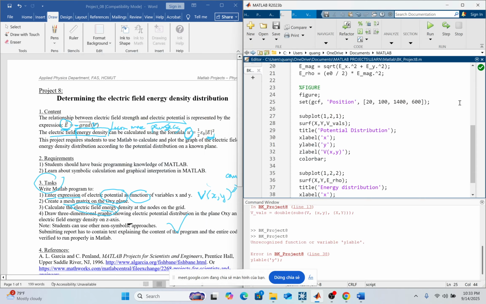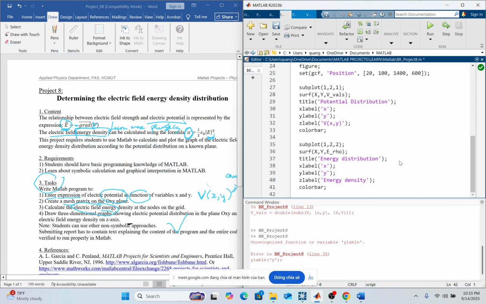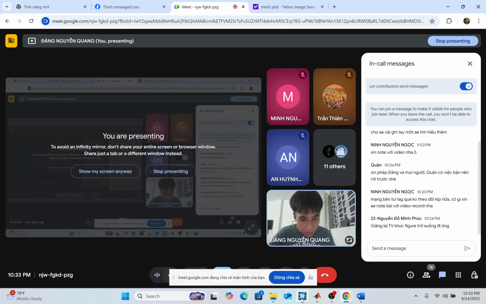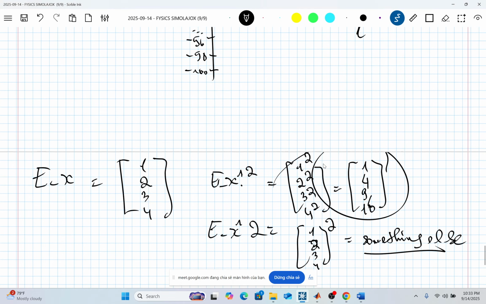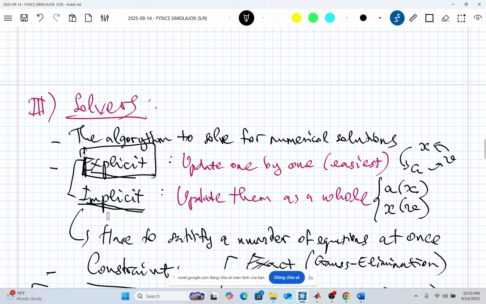Bigger, better. Then one more thing, I would really like to show you how I use this explicit solver, because I have seen most of your tests, most of the problems, or to be exact, problem 1 and problem 12, include this explicit solver.